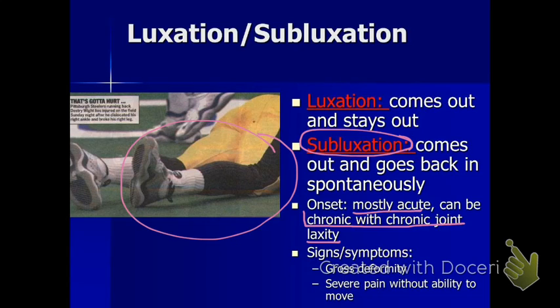And so some of the common signs and symptoms, specifically more so with a luxation than a subluxation, would be a gross deformity where you actually can see the bone sitting outside of the joint itself, and then the patient probably would have severe pain and an inability to move that specific joint because once a bone moves out of its place, you then lose the ability of the joint to function as it normally would.